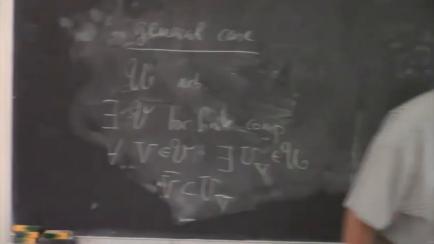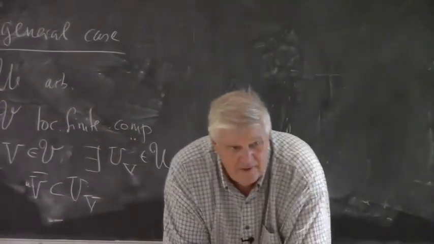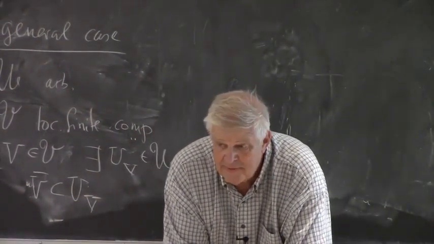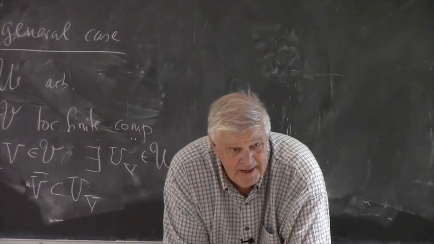V, you know, is a compact locally finite cover. So for this cover, we already have a partition of unity, right?